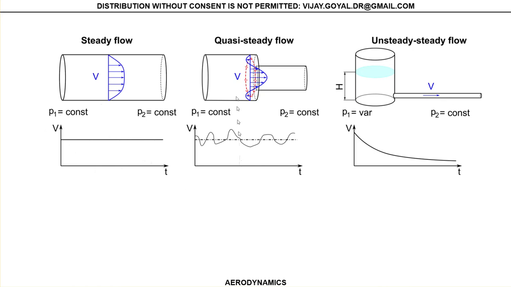The case of quasi-steady is where you can have some variation. It's a very small variation of velocity, but everything else at the end of the day cancels out and remains constant. So the sum of this will equal 0, not about 0 but about the mean, giving the same mean value. Unsteady flow is one that's drastically changing with time, and we know what that looks like.